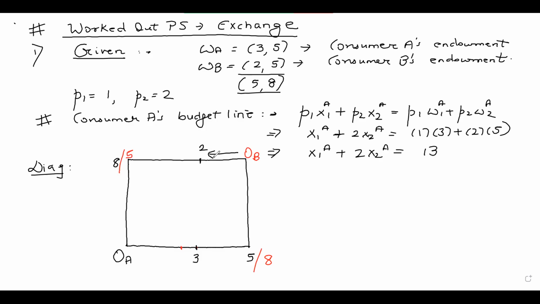Their sum is 5. On the vertical axis, for A it's 5, so from B's origin it's again 5.